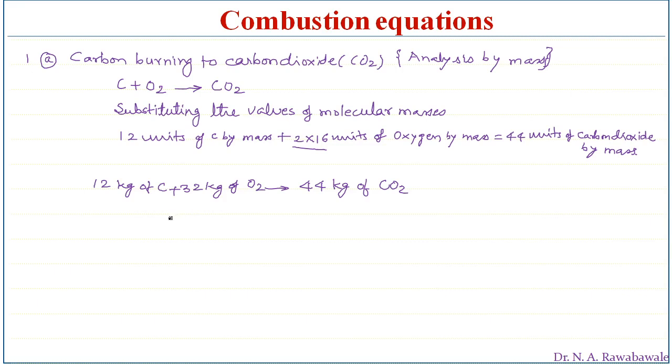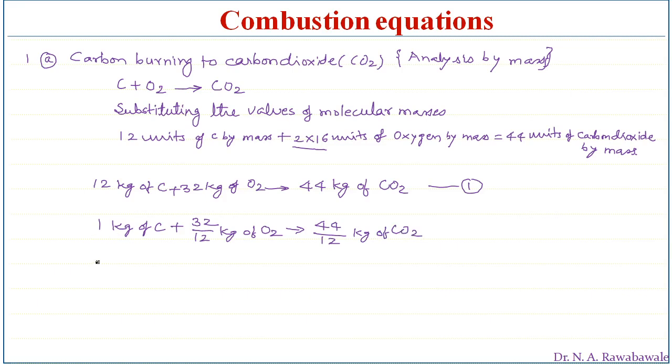We say this as chemical equation 1. Dividing the above equation by 12, we get 1 kg of carbon is burned in presence of 32 divided by 12 kg of oxygen to produce 44 divided by 12 kg of CO2.